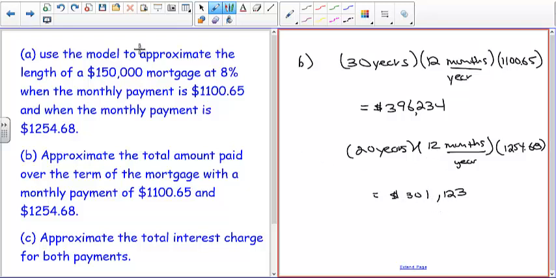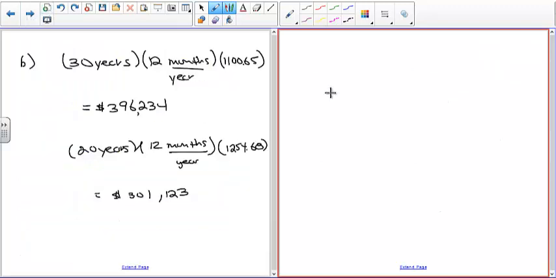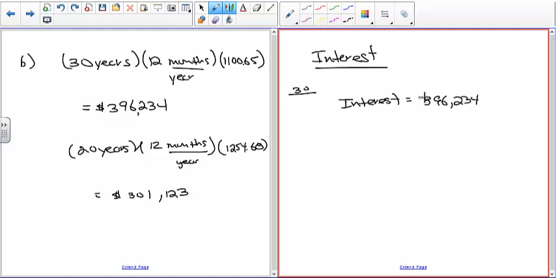And so the third part is asking for the interest. The interest is just the amount that we pay beyond the actual price. So for part A, for the 30-year case, the interest is going to be equal to $396,234 minus the amount of the mortgage, which was $150,000.